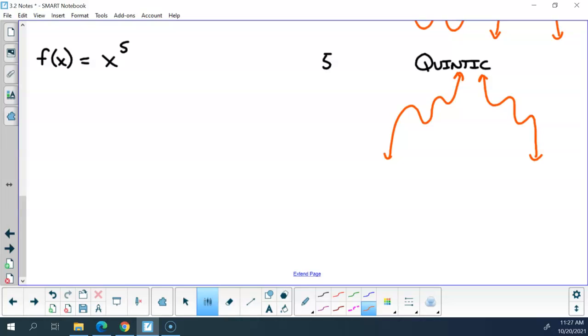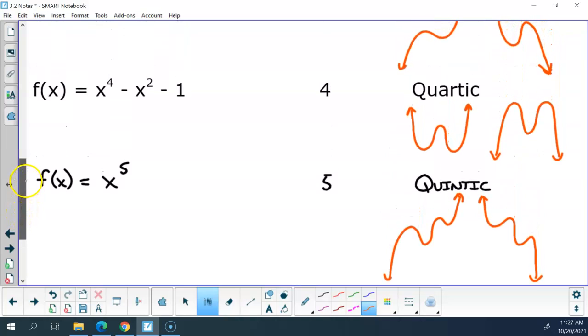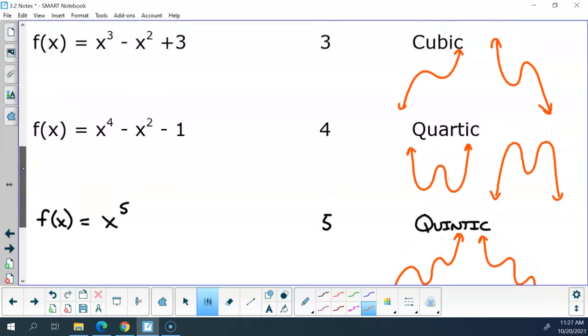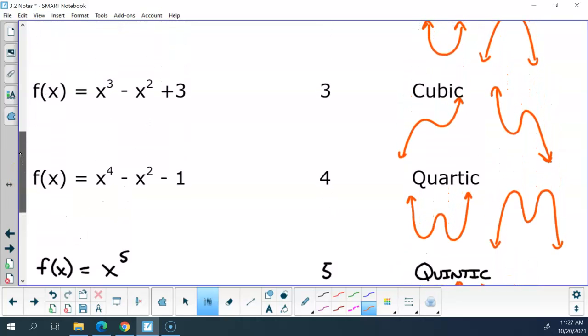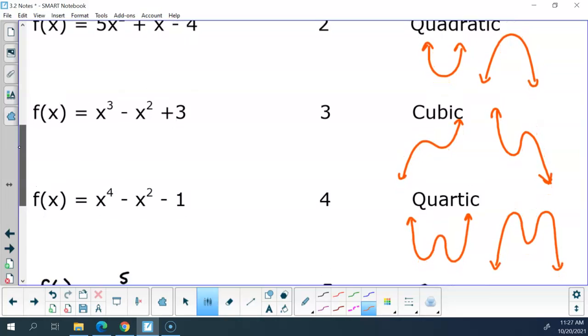Did anybody see a pattern? What do you got? I'll scroll back up, see if we can see a pattern. I'll slowly scroll. What do you mean it changes direction?